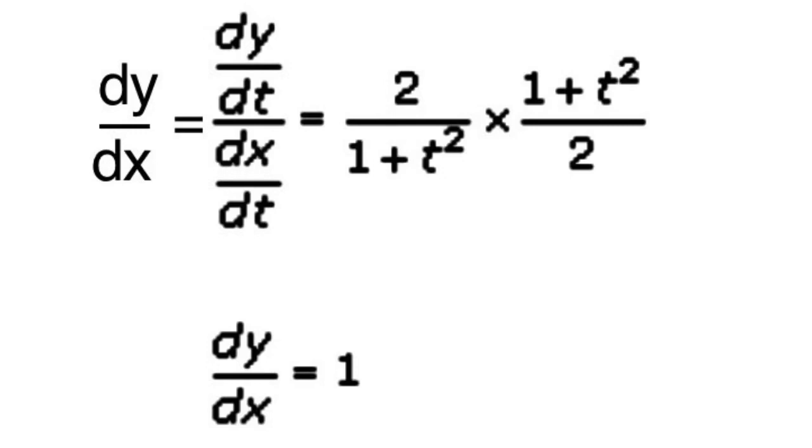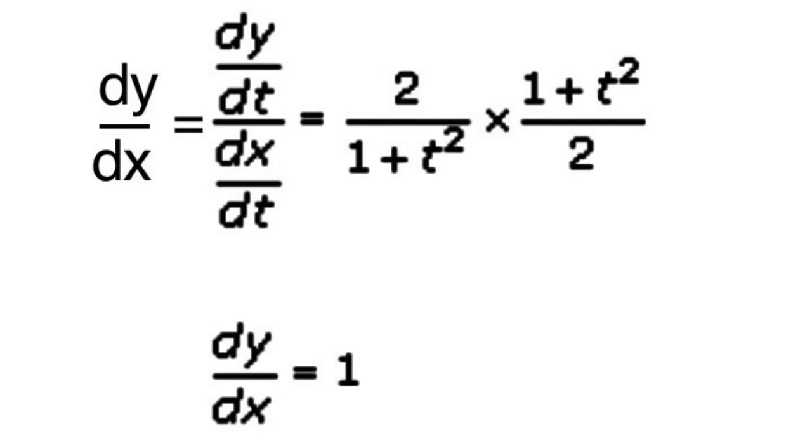We know that according to the parametric form of differentiation, dy upon dx equals dy upon dt upon dx upon dt. Now we are going to put the value of dy upon dt, which is 2 upon 1 plus t square, and dx upon dt, which is 2 upon 1 plus t square.